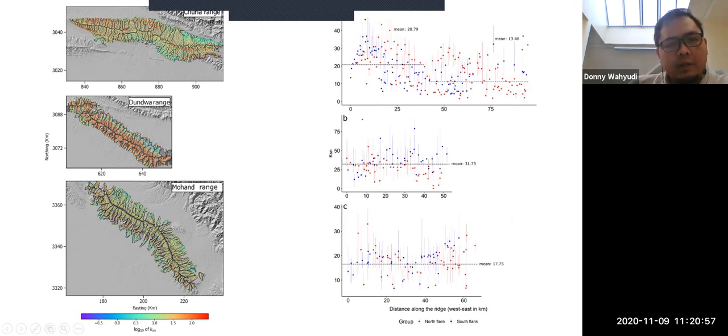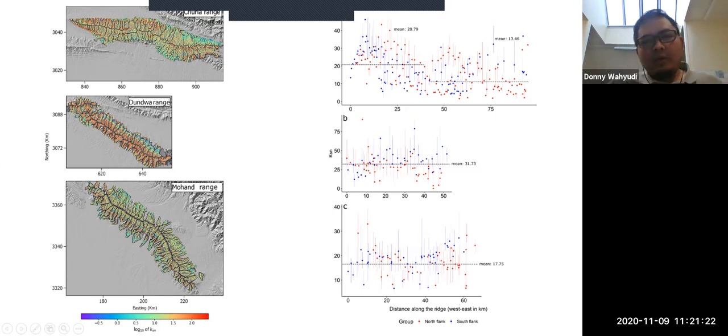And the Dundua range has the highest KSN index from all of the ranges. And if you look at the Mohan, the KSN distribution is generally constantly distributed along the ridge.